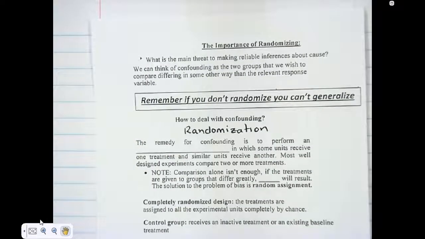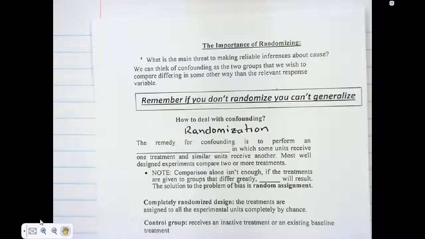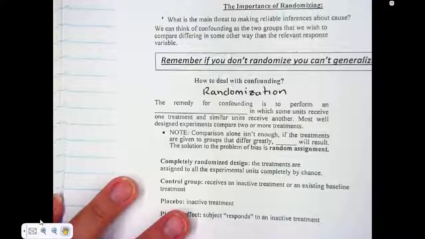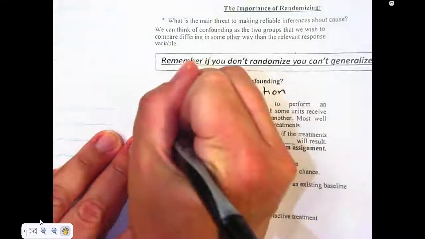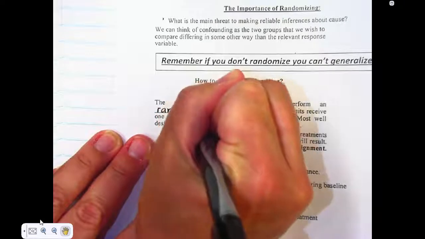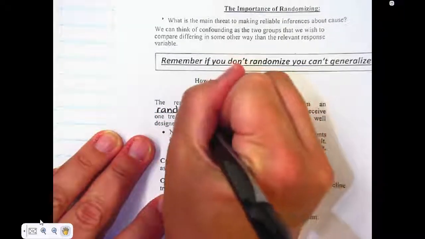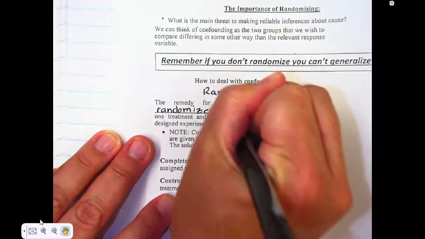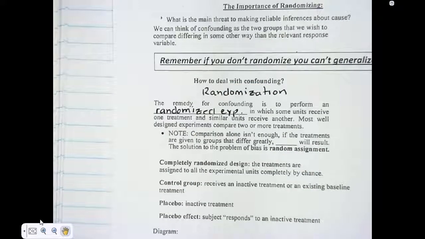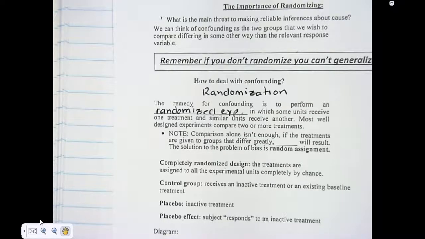Okay, so going on to that, with the randomization, obviously the remedy for confounding is to perform a randomized experiment. And again, we're talking about the treatments being randomized, the assignment of the treatments being randomized, in which some units receive one treatment and similar units receive another.